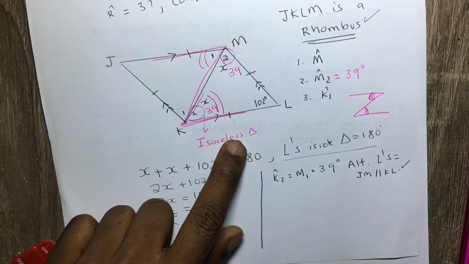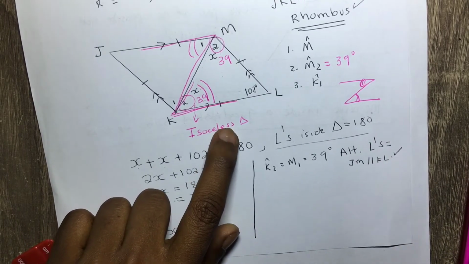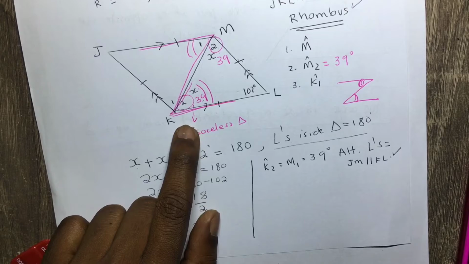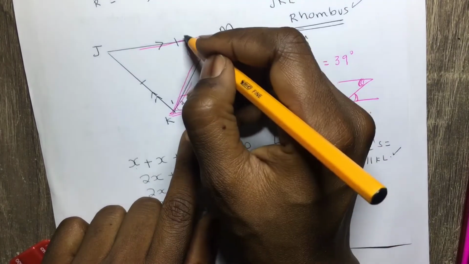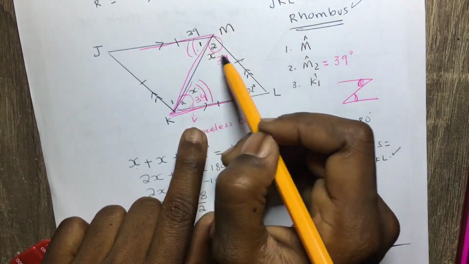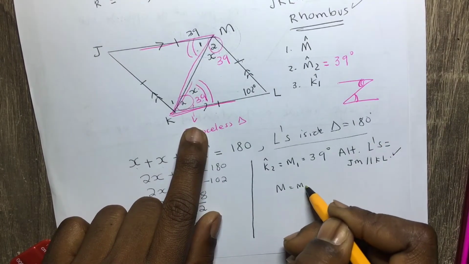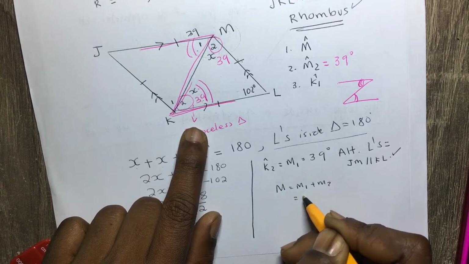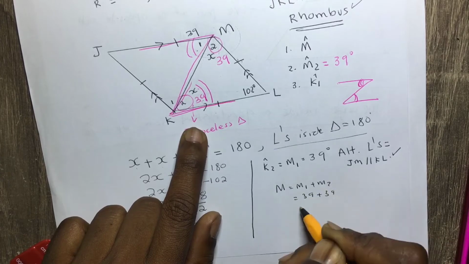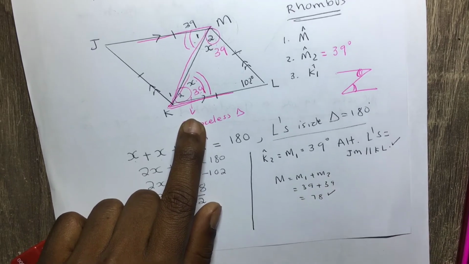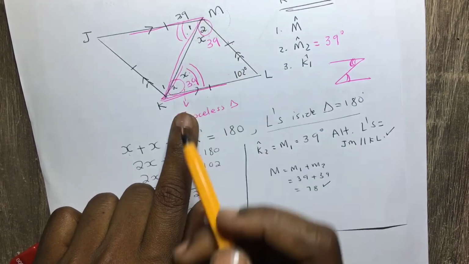We need to identify where the parallel lines are. So automatically this part becomes 39 also. So can you see now? If we want angle M, we're going to add up angle M1 and M2. 39 plus 39 will be how much? 78. So this whole angle adds up to 78.